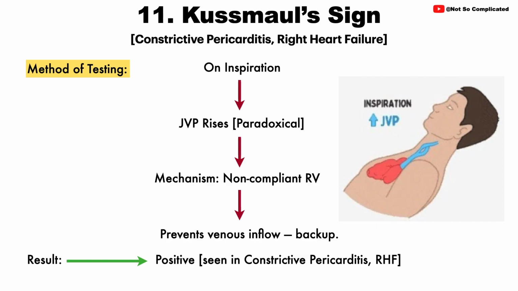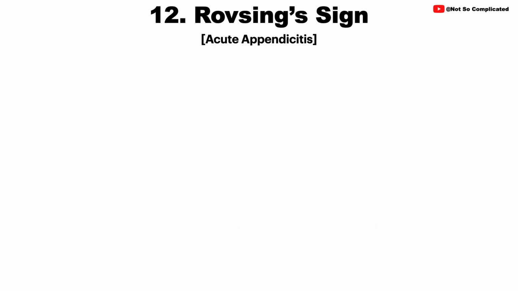The 12th sign we have is Rovsing sign, and this is also seen in acute appendicitis, and the method of testing is quite interesting in this case. So you have to press the left iliac fossa, since we all know that appendicitis is on the right iliac fossa, because obviously the vermiform appendix lies in the right iliac fossa.